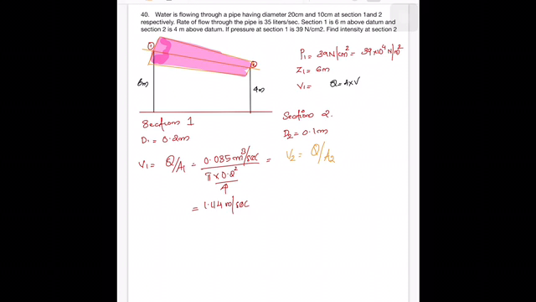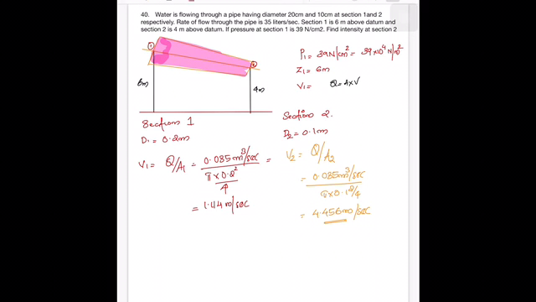So Q equal to Q, that is 0.035 meter cube per second divided by pi into 0.1 square by 4. That will be 4 times of this one, 4.456 meter per second. That will be V2.